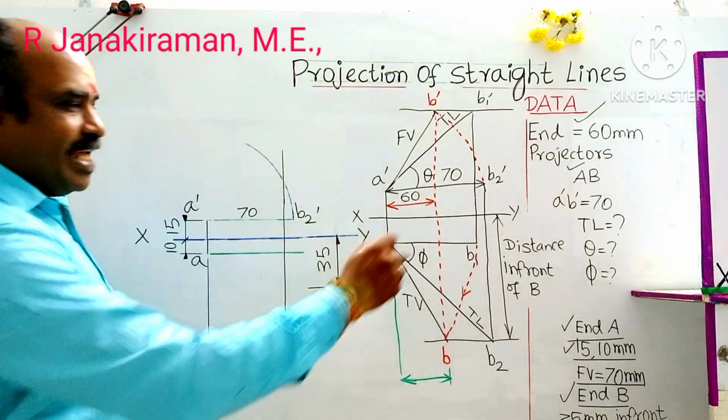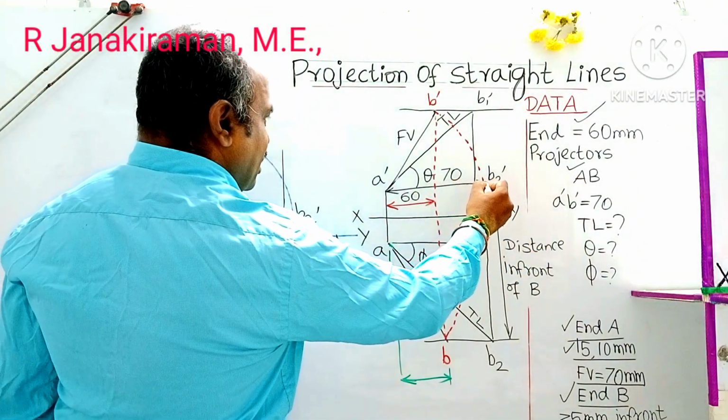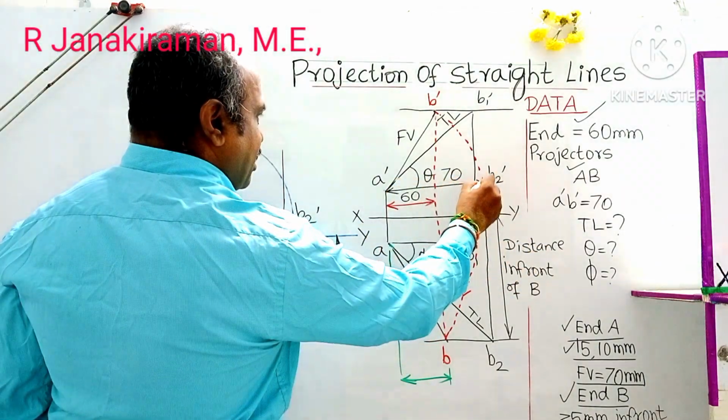Then we are going to find the TL, true length, theta and phi. We know A dash B2 dash. This is the radius. With A dash as center and A dash B2 dash as radius, draw an arc upward.